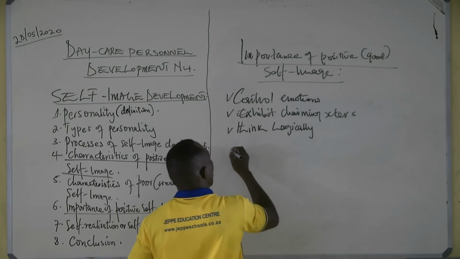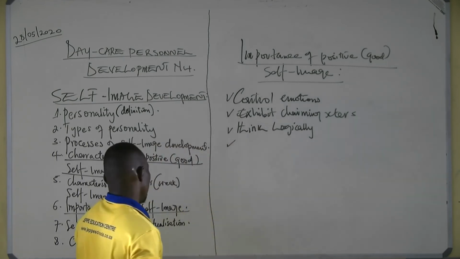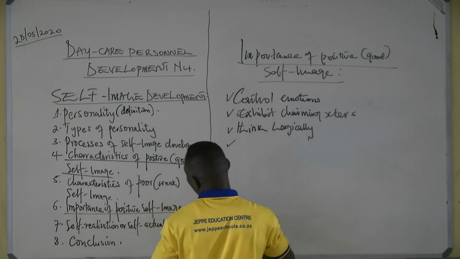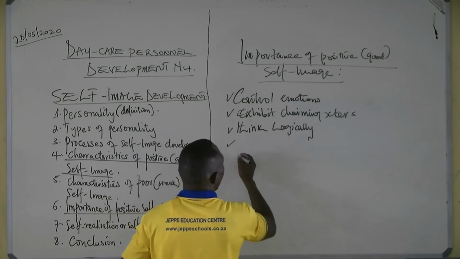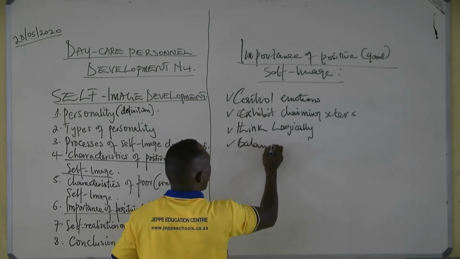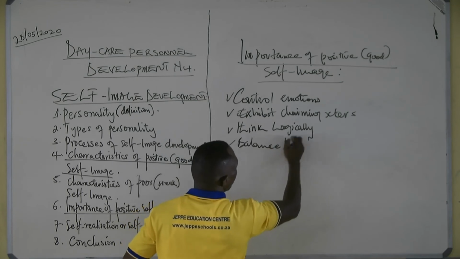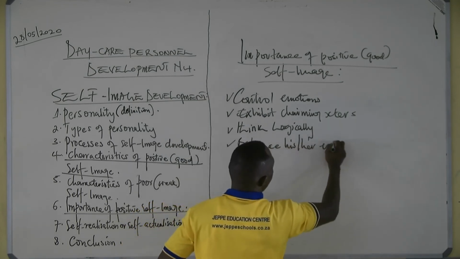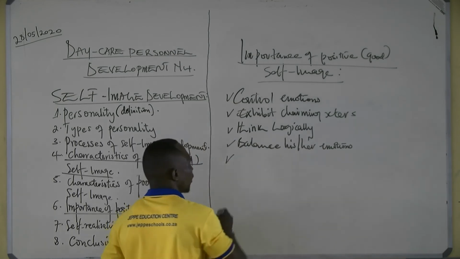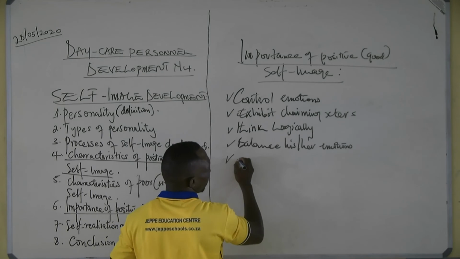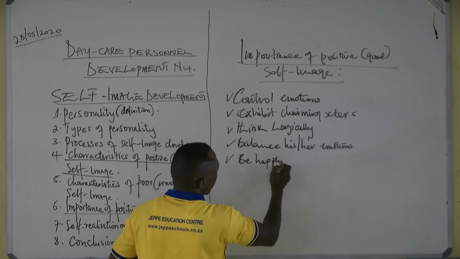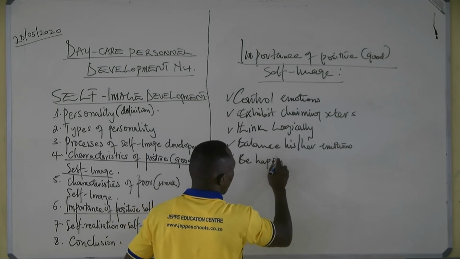This person is also able to think logically. Then this person is also able to balance his or her emotional needs.